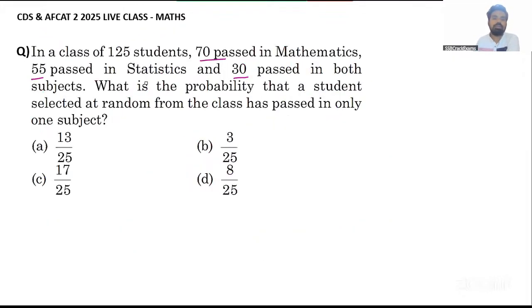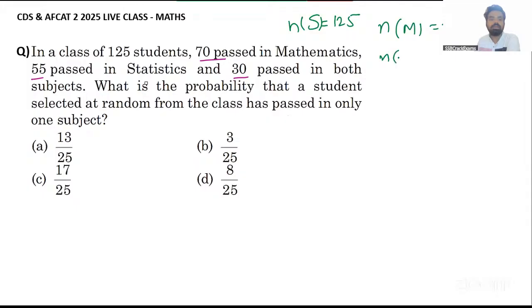So in the first question, in a class of 125 students, it means that n of S is 125. 70 passed in mathematics, it means the number of students who passed in mathematics is 70. 55 passed in statistics.